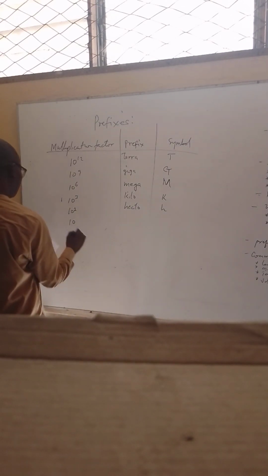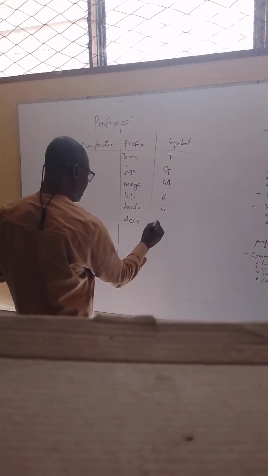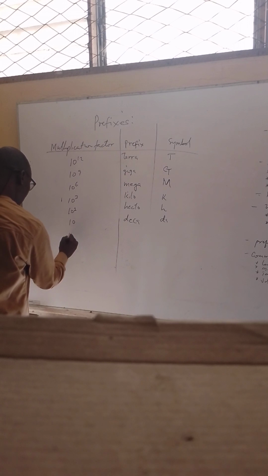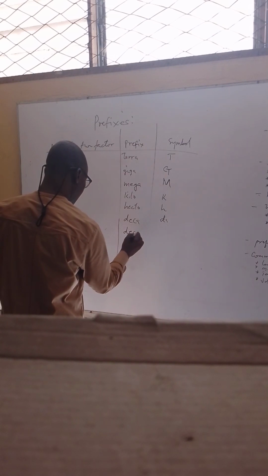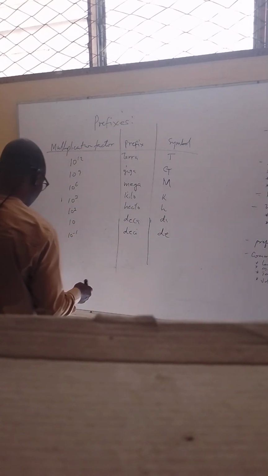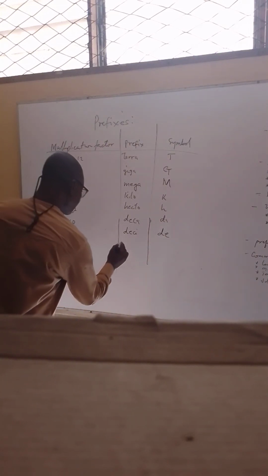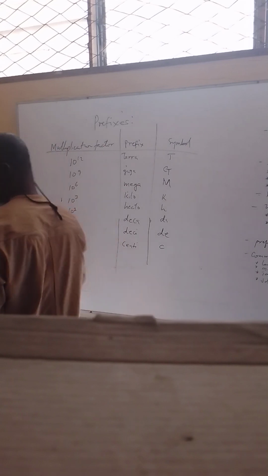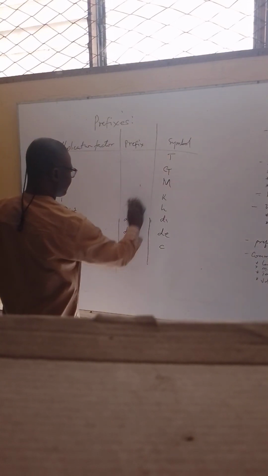We have 10, which is deca, and then 10 to power minus 1, which is deci, with d as the symbol. Then 10 to power minus 2, which is centi, and it's mostly centimeter.